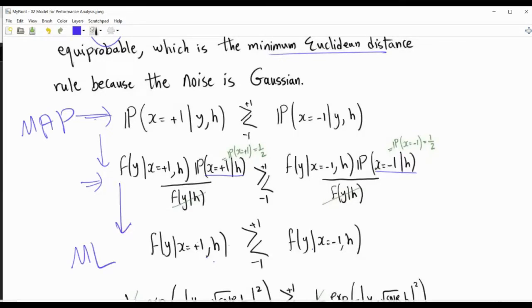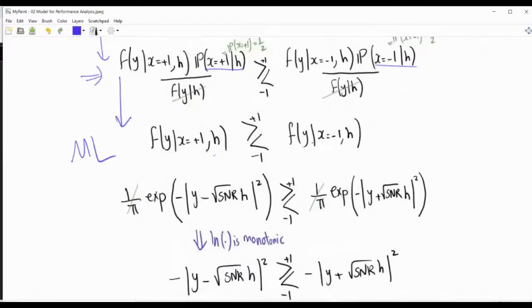You see which likelihood function is greater. And the likelihood function here is Gaussian, because the noise is Gaussian. Note that we are doing everything here conditioned on H. So basically, this is the distribution of Y.